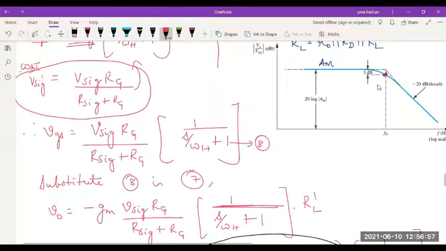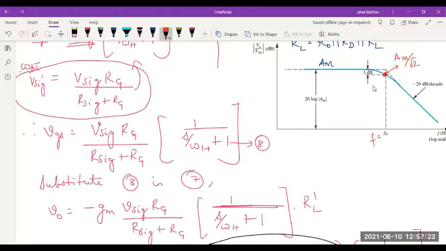I was telling you this point fH. At this point you will see the gain will be AM by root 2. If the gain at the maximum value is AM, the midband gain, then when f is equal to fH, the magnitude of this gain will be midband gain divided by root 2.